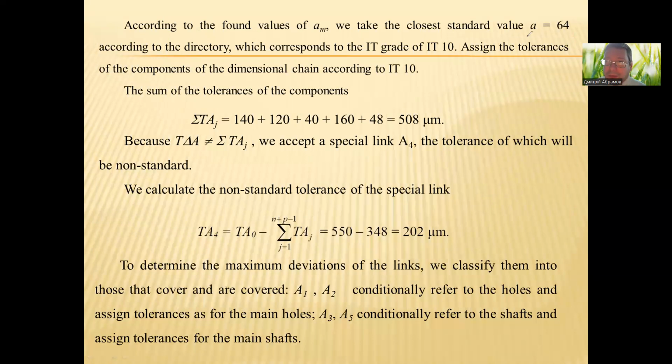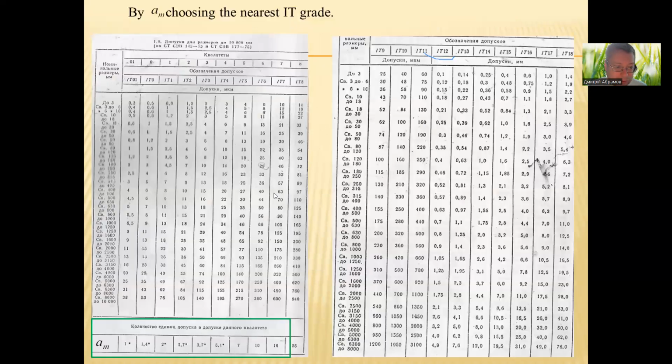For the closest standard value A64, according to the directory which corresponds to the IT grade IT10, we assign the tolerances of the components of the dimensional chain according to IT10. We use the same table and we use IT10.